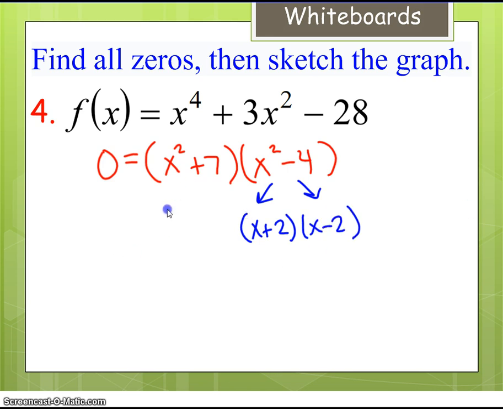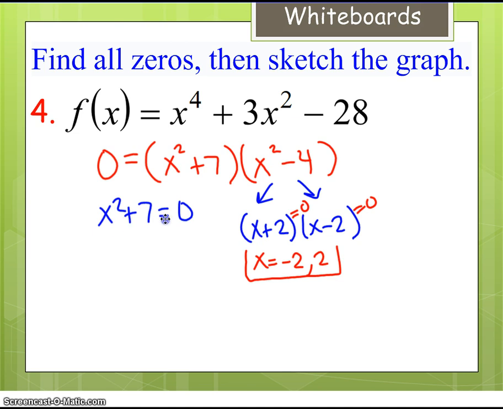But x squared plus 7, that one cannot be split. It cannot be factored anymore. So we'll have to solve this a different way. x plus 2 and x minus 2, when you solve, you'll get negative 2 and positive 2. So those are pretty much done.